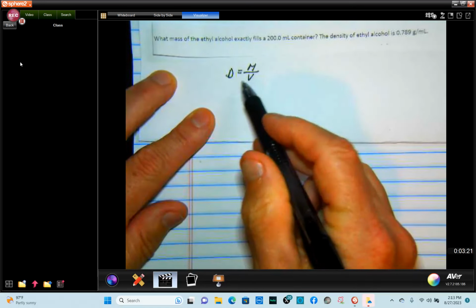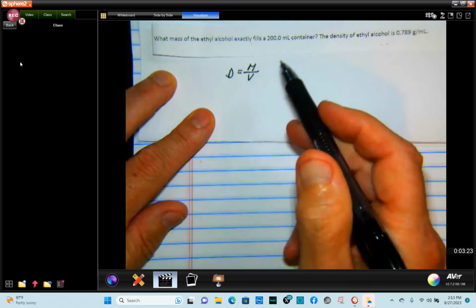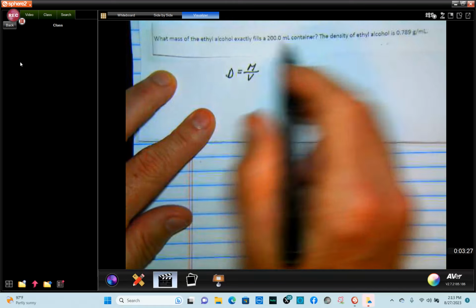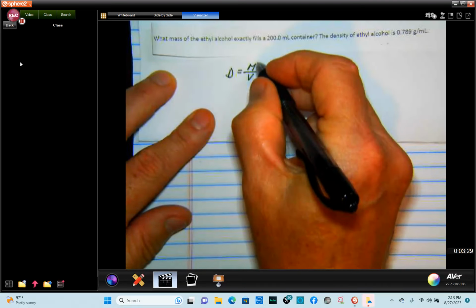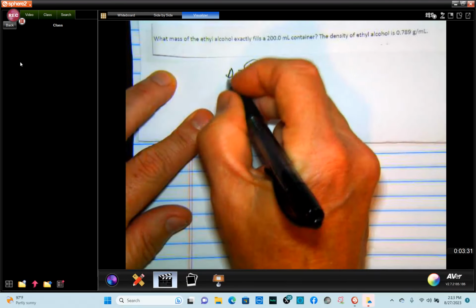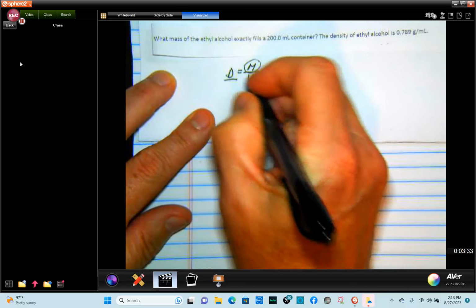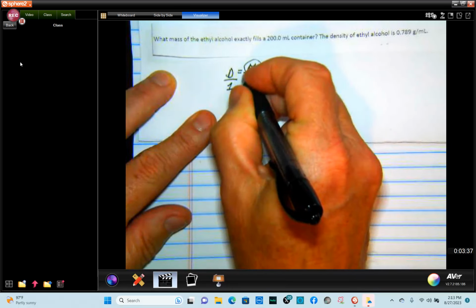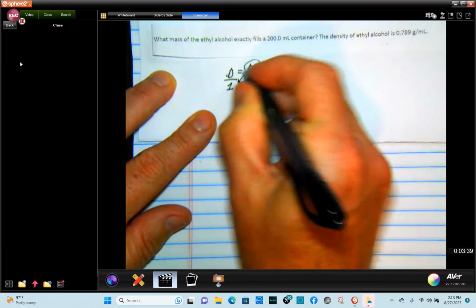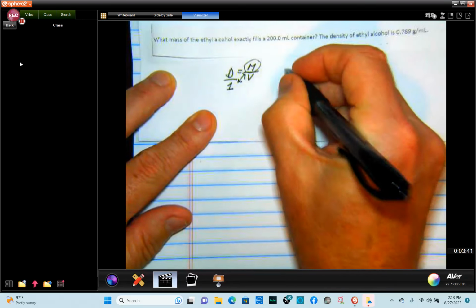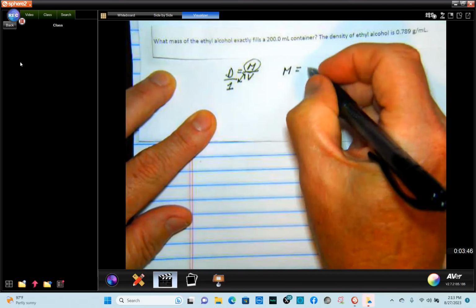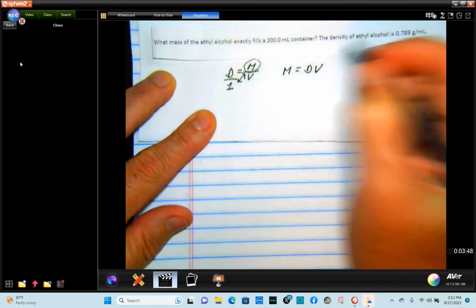Now we can plug in and solve for it, or if you want to solve for it without the numbers, which is fine. We want to know mass, so this is what we're looking for. And we know any value without a denominator is over 1, so we can cross multiply. So m times 1 is m, so mass equals d times v. So there's the formula we need.